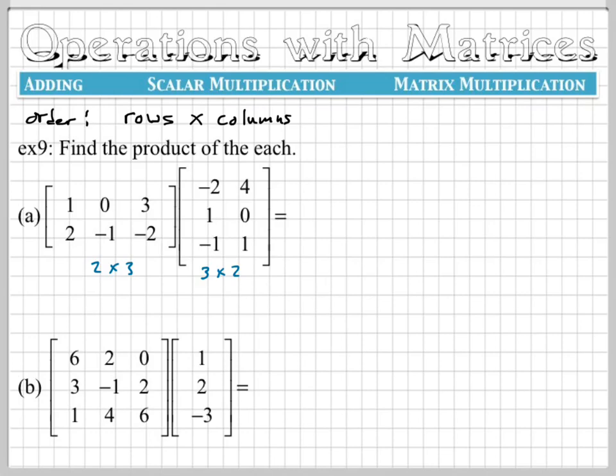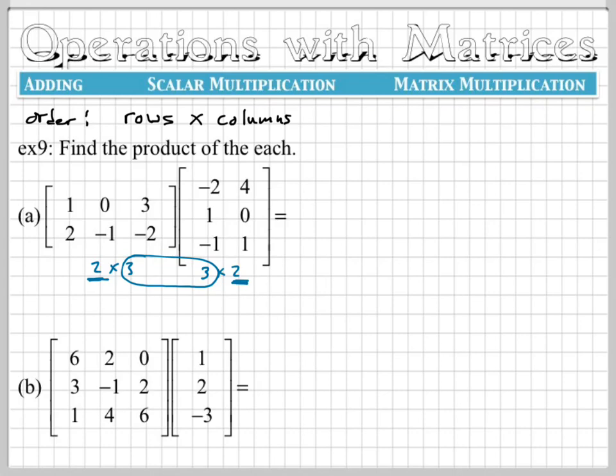Now, something to remember is that in order to multiply the matrices, these numbers have to be the same. They have to match. And then when we're done, our answer is going to be a 2 by 2, like the outside ones. If these numbers don't match, this 3 and this 3, then you cannot multiply them together. And you will see why in a minute.